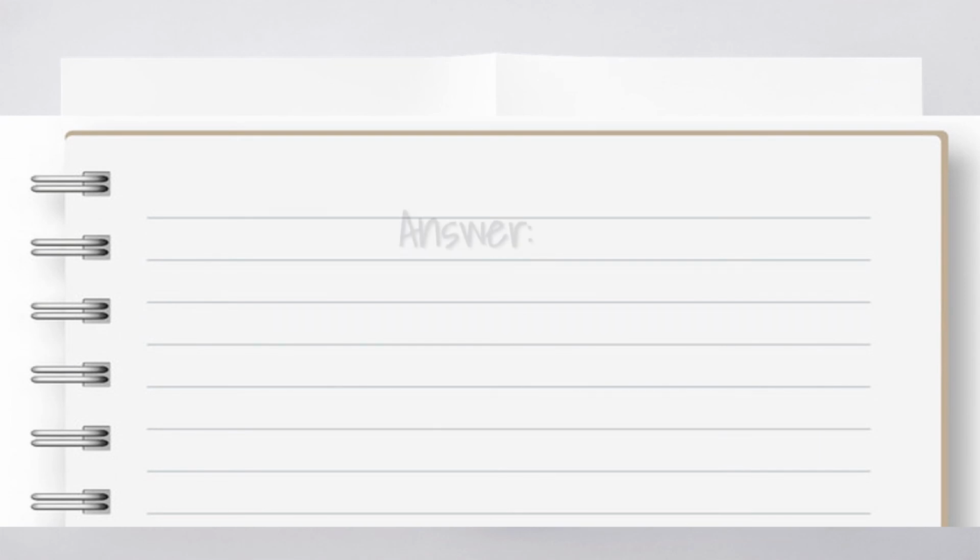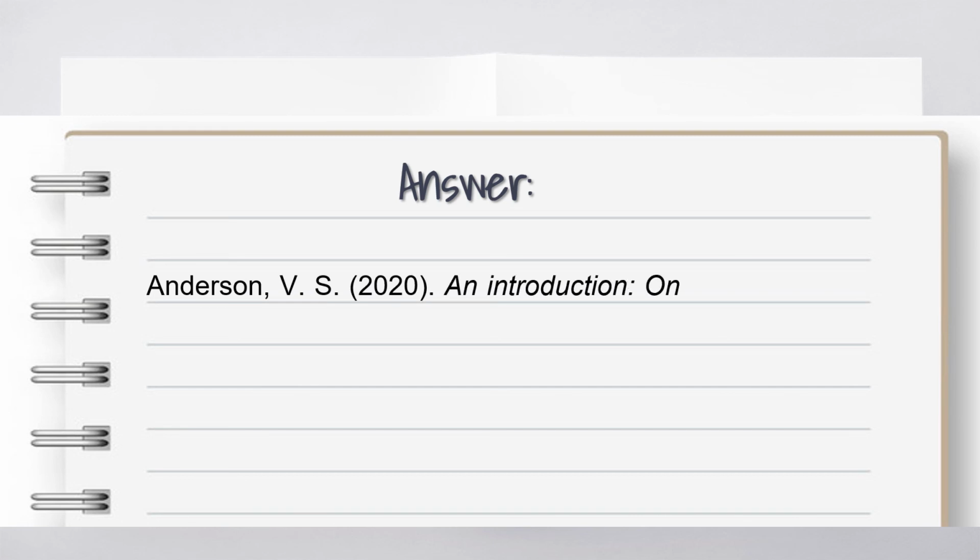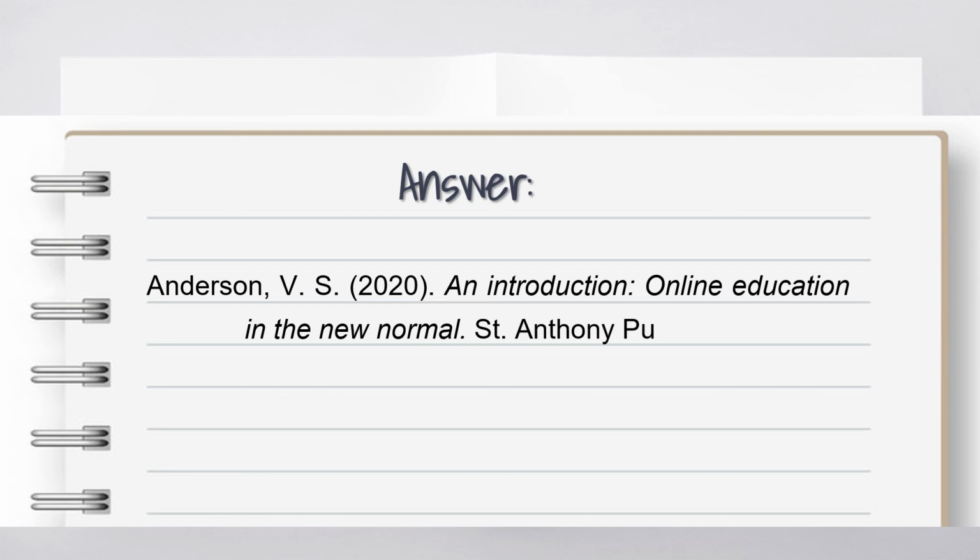Okay, so this is the answer for number 2. We have Anderson, comma, V period S period, 2020 inside the parentheses, period, with the title An Introduction. We have the colon, which is the two dots here, and then we have Online Education in the New Normal.